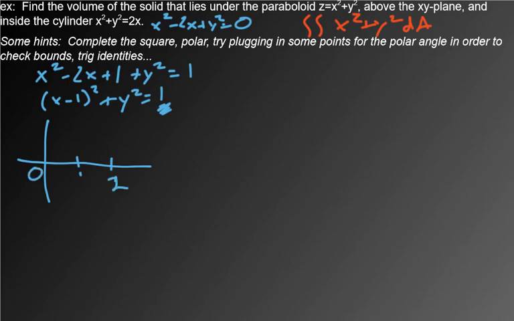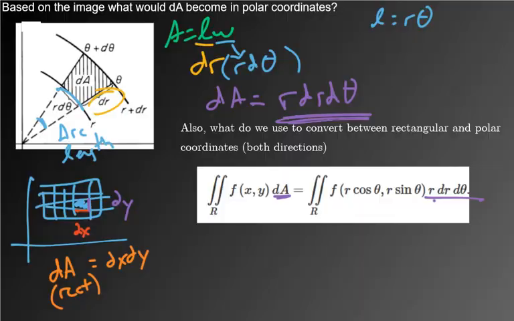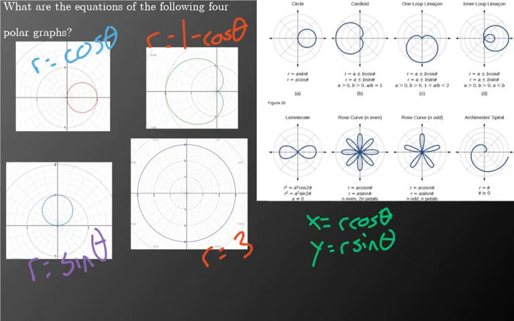If you think about what that looks like, it's just a circle with a center at (1, 0) and a radius of 1, right? Oops, so that's a 2. It's a circle that goes through those points. And this is where some knowledge of polar graphs is important, because it's very much like this one right here, except instead of a radius of 1, it's got a radius of 2.